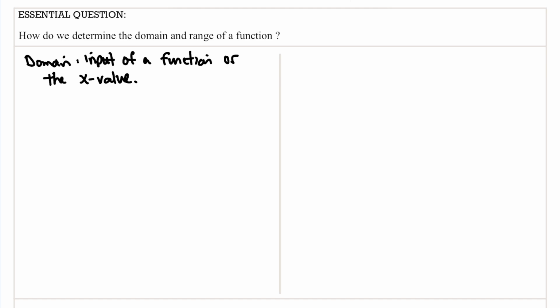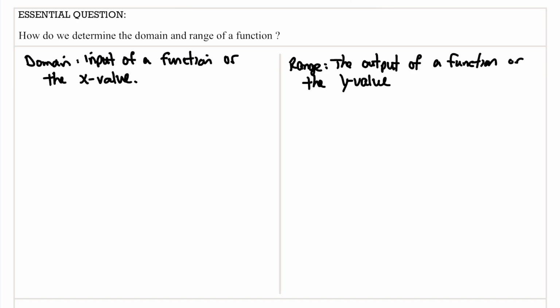And then range would be the output of a function, or the y value. So with any function, we're putting something in and we're getting something out.